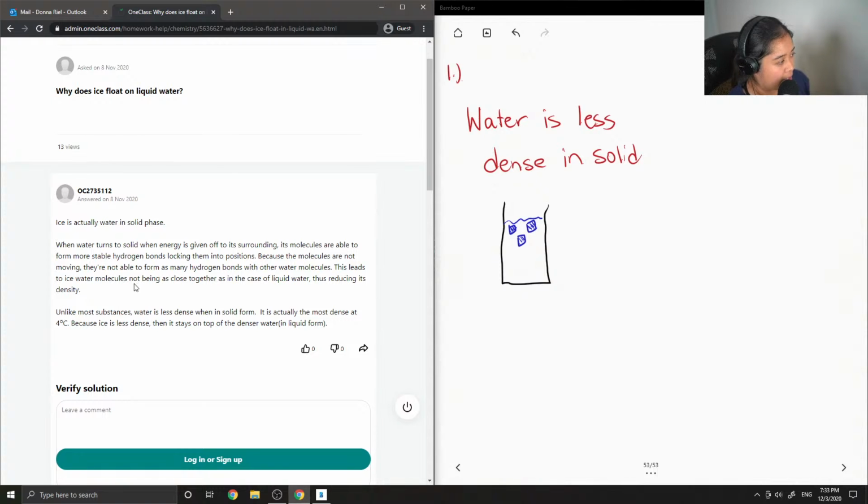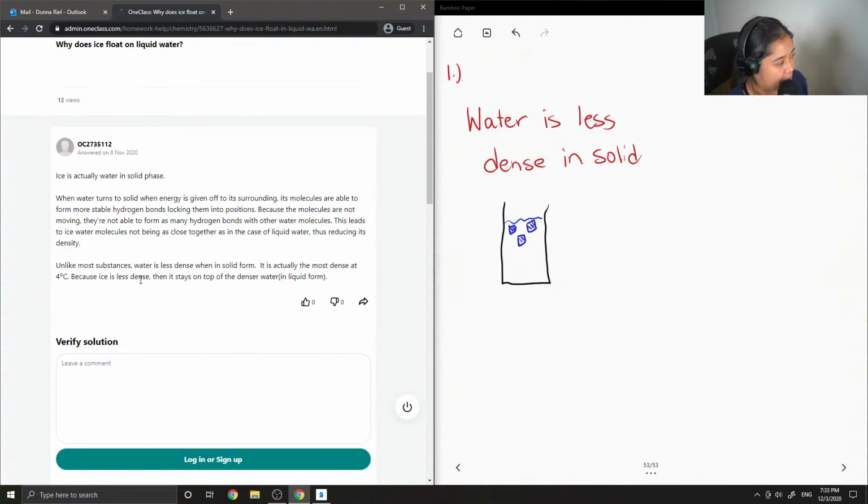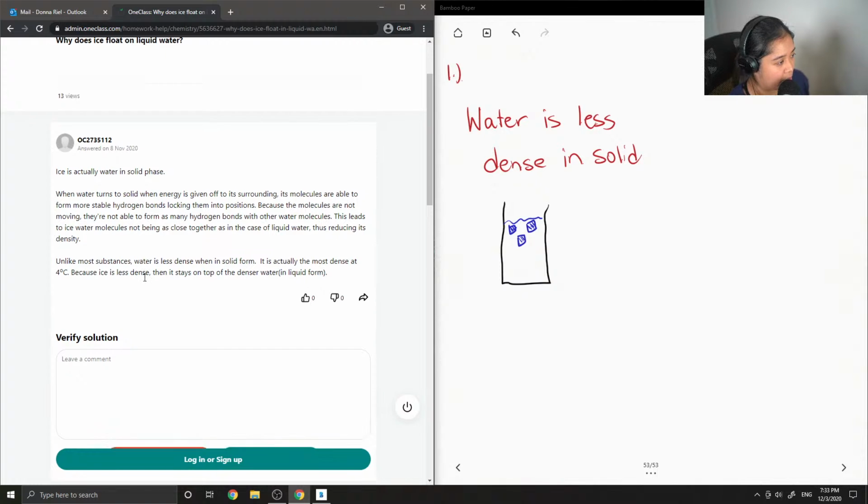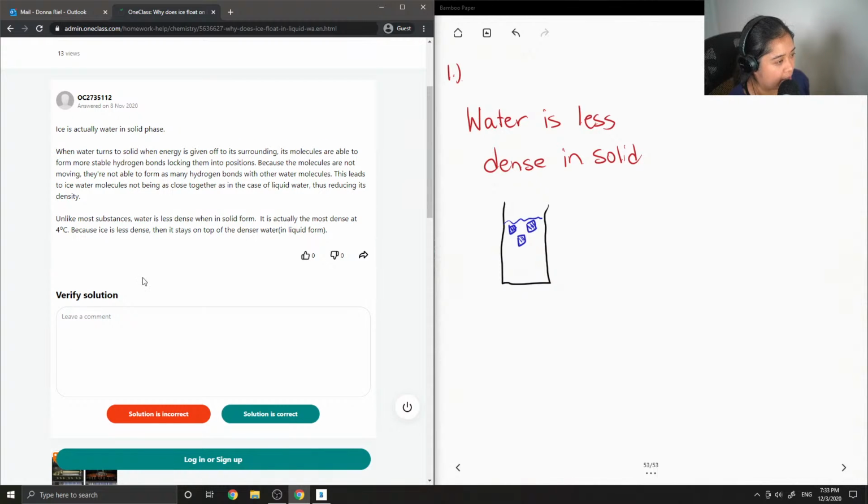This leads to ice water molecules not being as close together as in liquid water, thus reducing its density. Unlike most substances, water is less dense in solid form. It is actually most dense at 4 degrees Celsius. Because ice is less dense, it stays on top of the denser water. Yep, so this solution is correct.